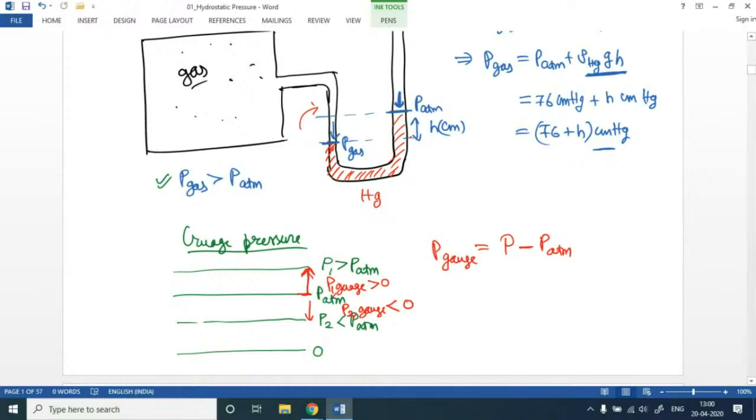That gives P gas less than P atm, so the gauge pressure would be negative.